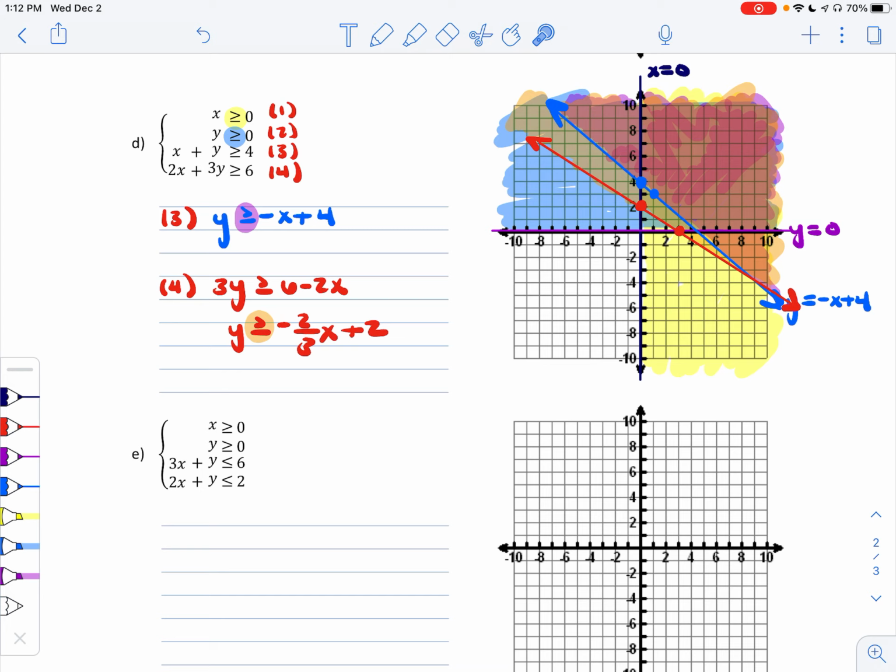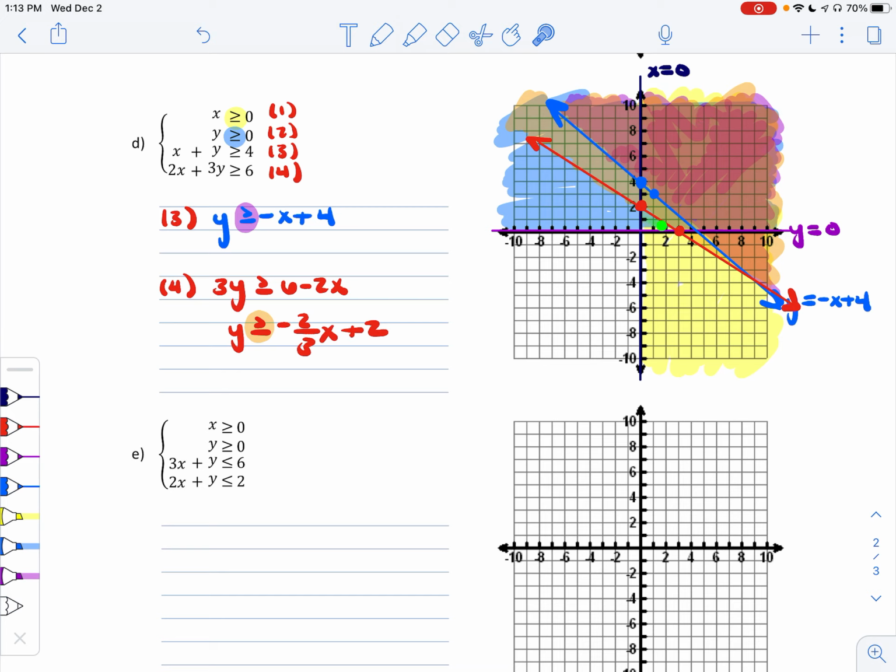We said y is greater than 0, so that put us above the x-axis. So already we were limited to quadrant 1. Then we said we wanted above this y equals negative x plus 4 line and above the y equals negative 2/3 x plus 2 line. So if we go above both of those lines, all we're left with is this region over here in quadrant 1 above that blue line.